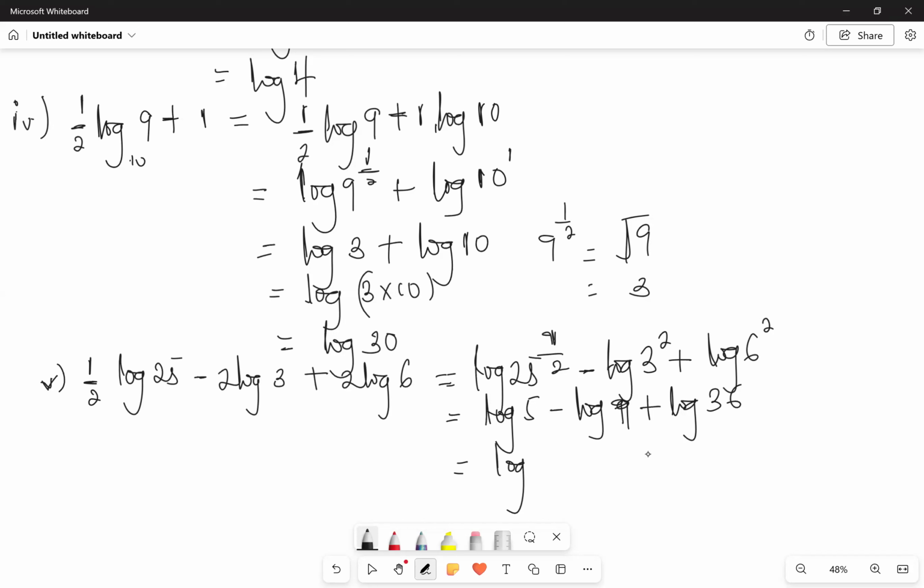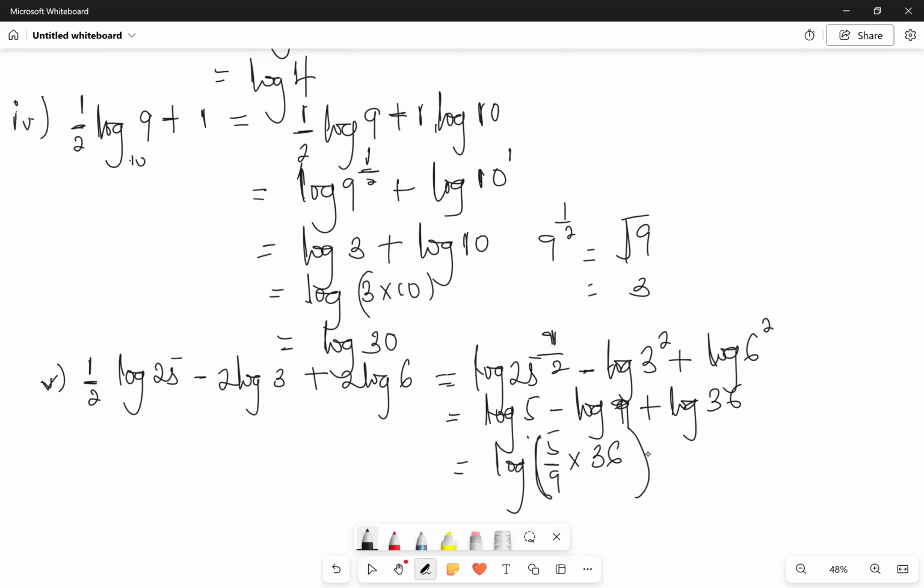If we are to solve them together, we have 5 on 9, because log 5 base 10 minus log 9 base 10, they have the same base. 5 on 9 times 36, because they are adding up.